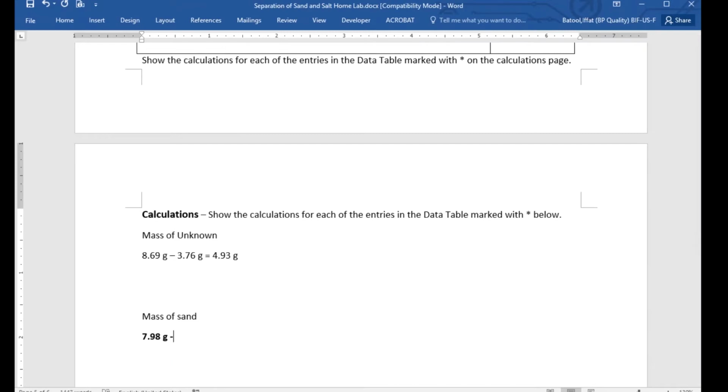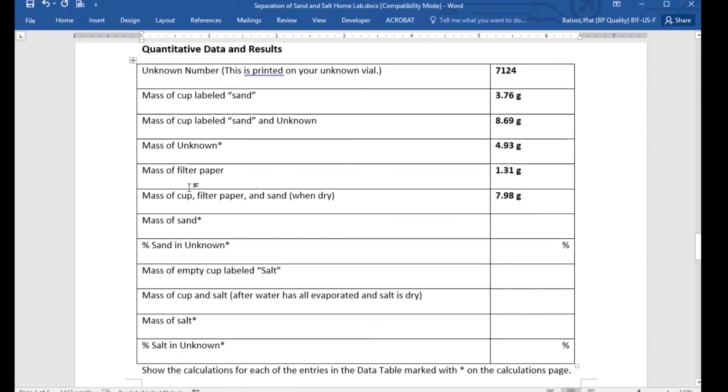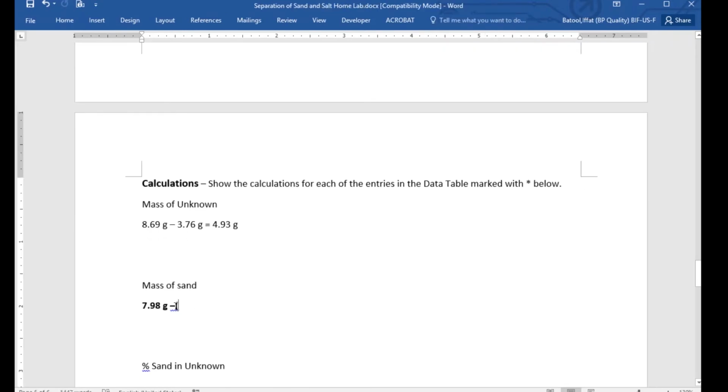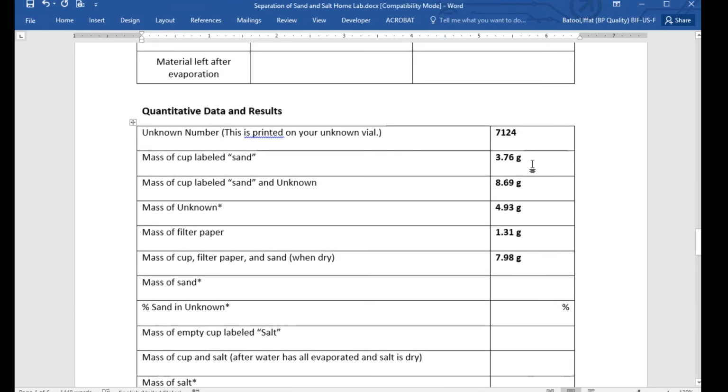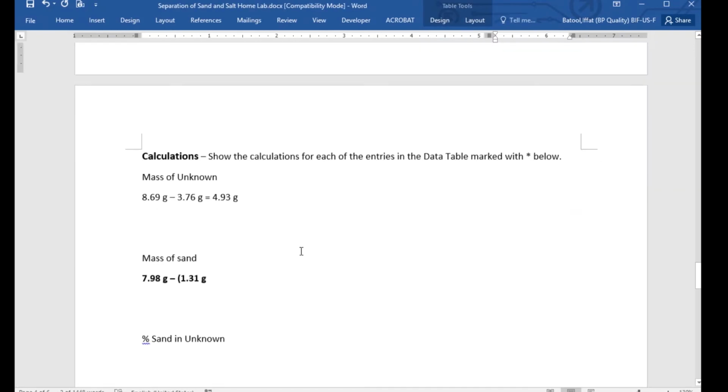Then you will be subtracting the mass of filter paper and the mass of the empty cup that we have.